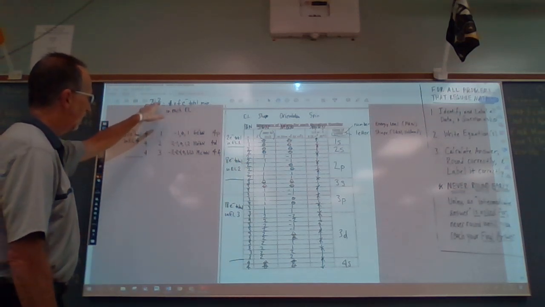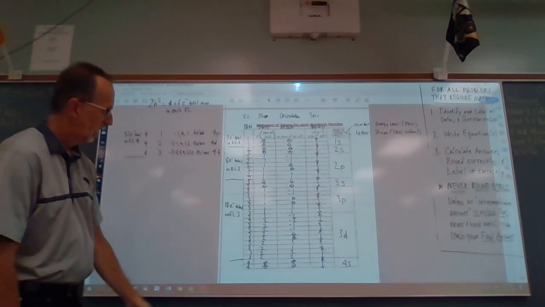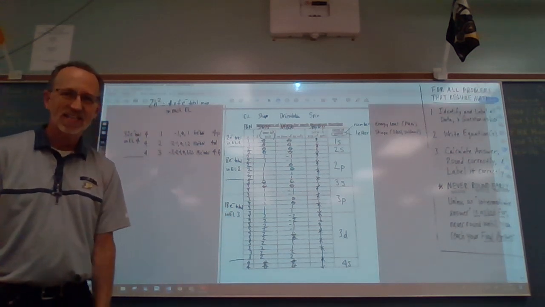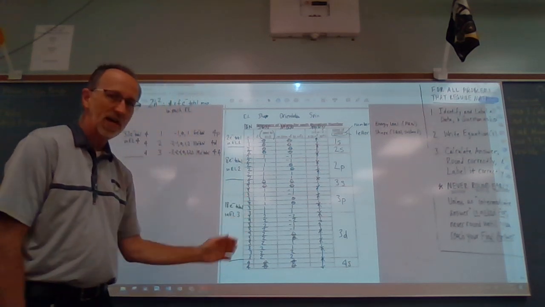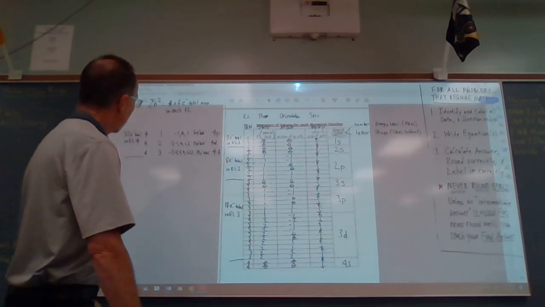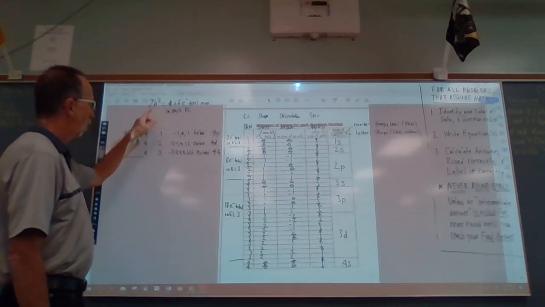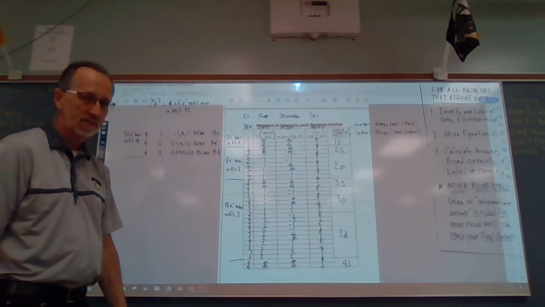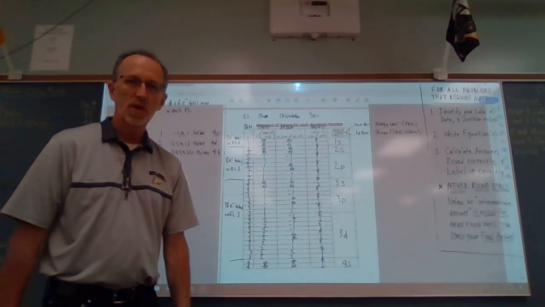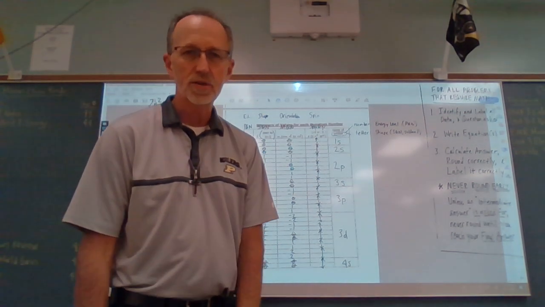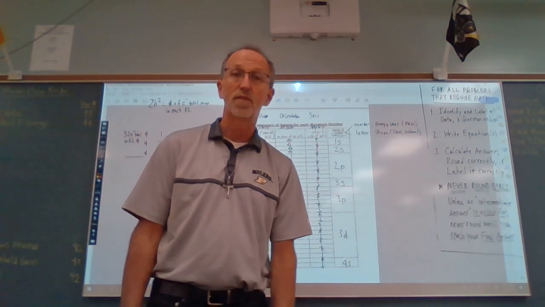When n equals 3, 3 squared is 9 times 2 is 18. We just showed that we can have 18 possible electrons in energy level 3 based on the values of the quantum numbers. In energy level 4, 4 squared is 16, 16 times 2 is 32. We just said a minute ago we can fit 32 electrons maximum in energy level 4.